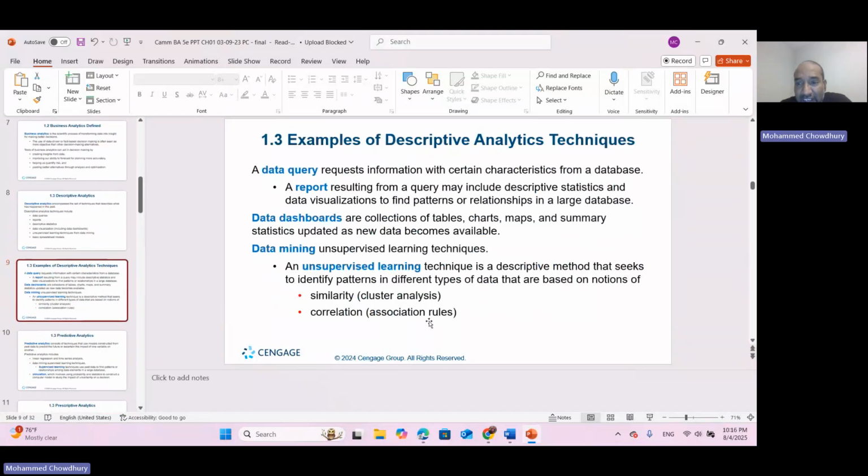Example of descriptive analytics techniques: a data query requests information with certain characteristics from a database. Data is in a database. I run some query to import some data. For example, there is a lot of data in the database or in the server, but I want to select data for only those who are college students.